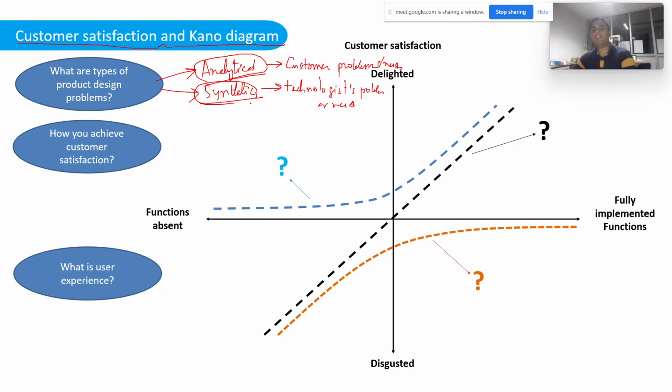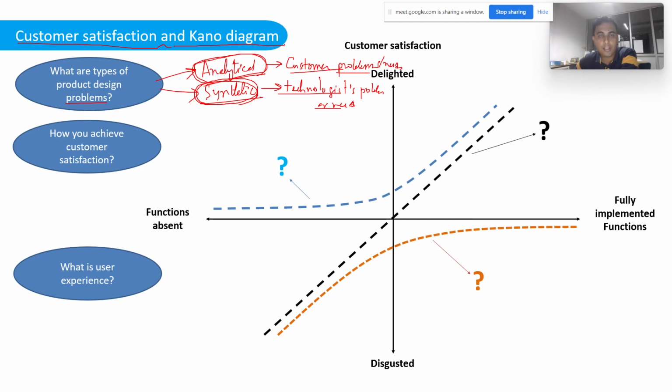For example, in synthetic design, you come up with a new flexible display design. Now you want to use this technology in your smartphone, like how Samsung did in their new flexible display smartphones. So this is a synthetic approach. The other way of designing product is analytical, which is based on customer requirements and customer problems. So basically there are two types of product design problems. One is customer based problems, another is technologist problem.